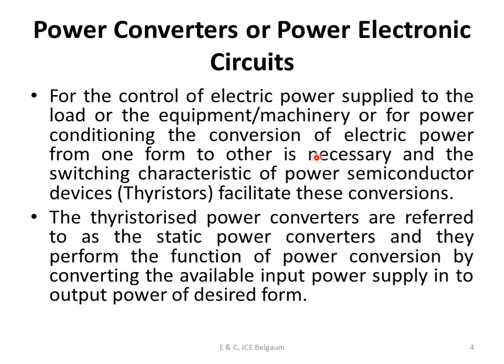So power devices are basically used for conversions from a particular input to a required output. The thyristorized power converters are referred to as static power converters, and they perform power conversion by converting the available input power supply into the output of the desired form.